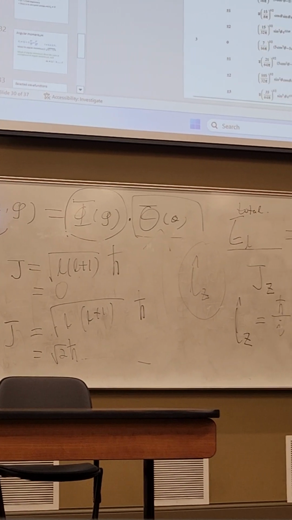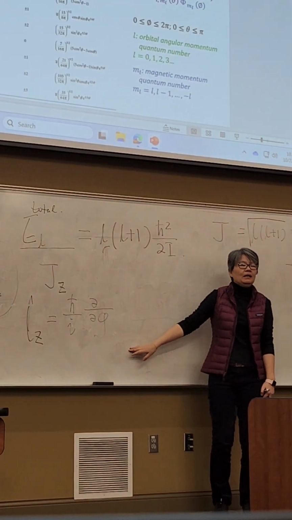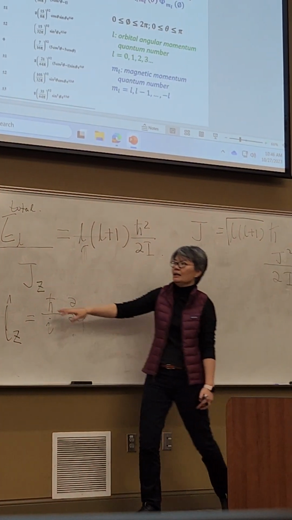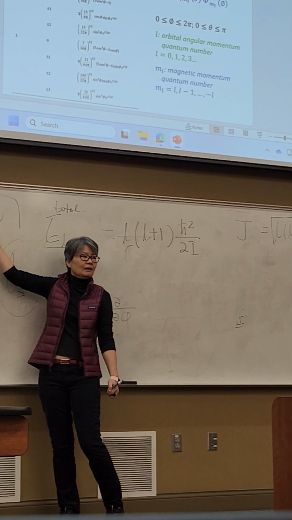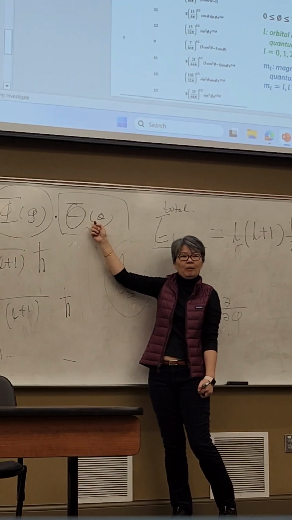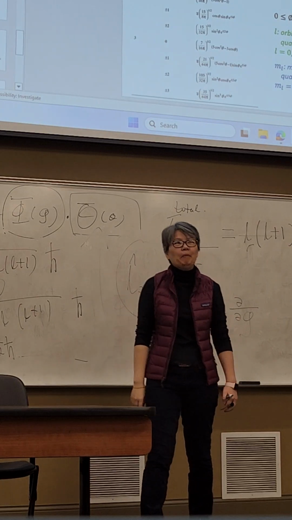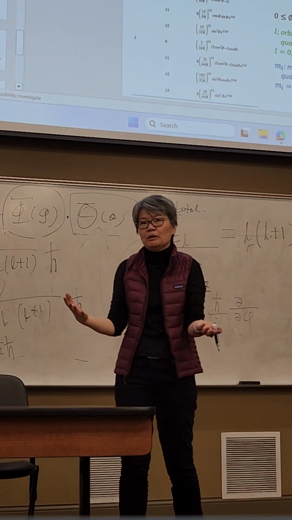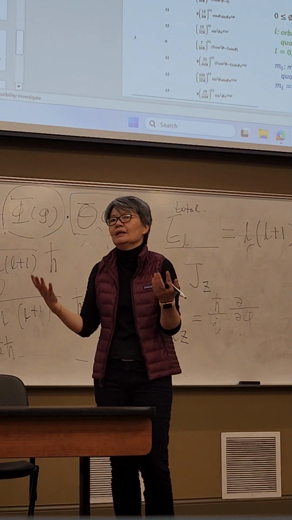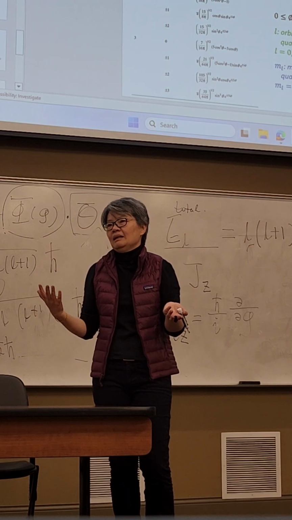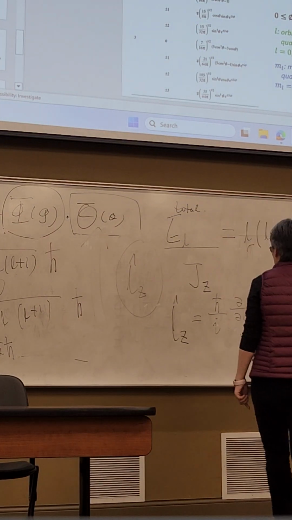Now, if we evaluate with respect to phi, do we care about the theta component? If you apply the operator onto the particle rotating on the plane, then what will be the magnitude?